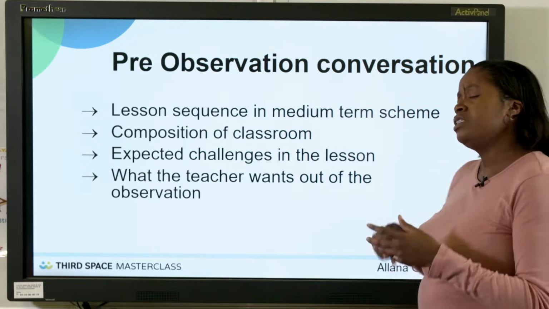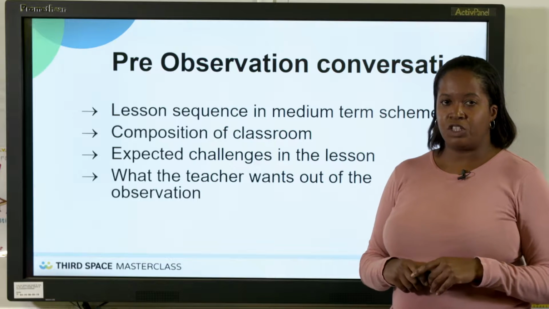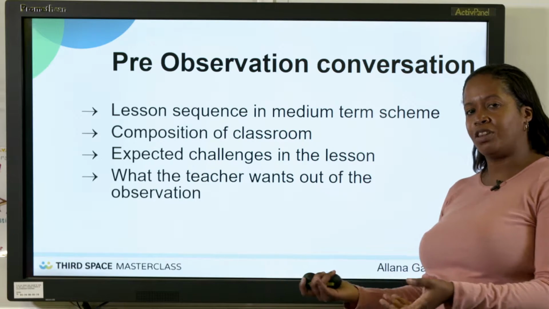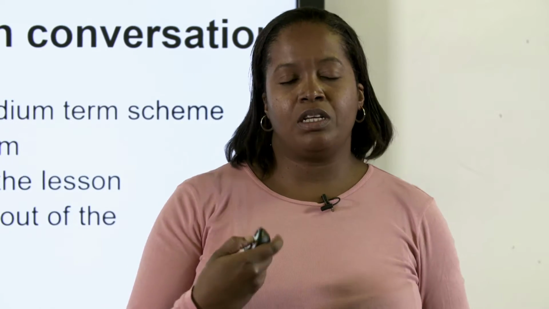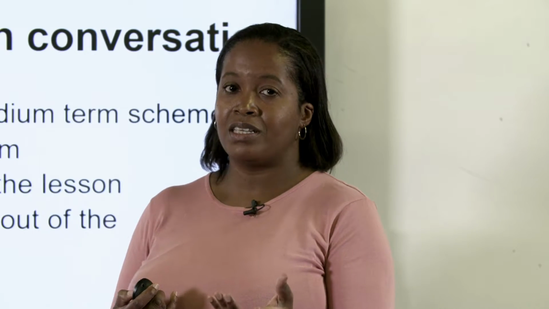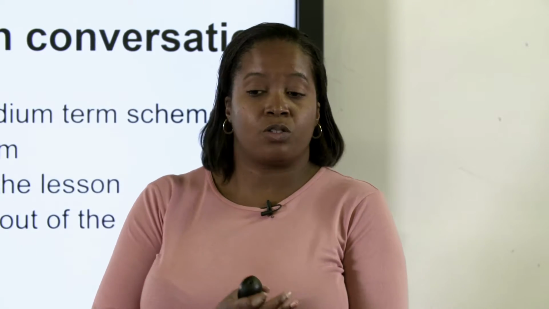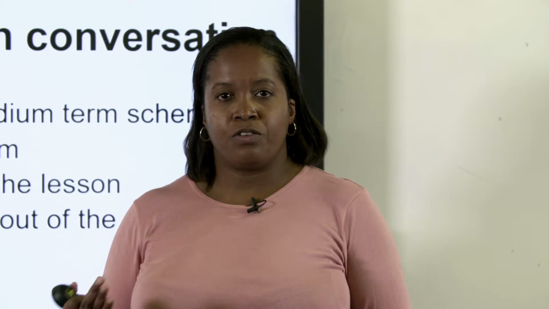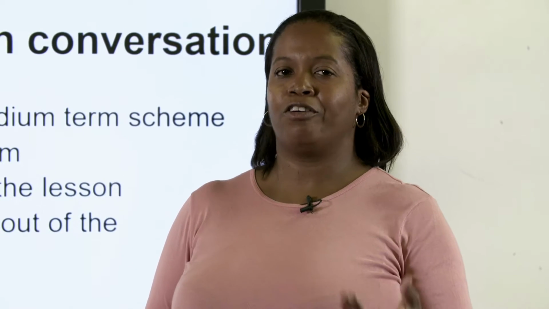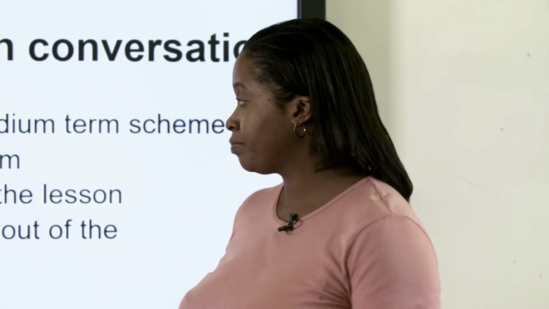So talk to the teacher about what they want out of the observation, because it's not just about the children and their learning, it's about the teacher and their practice. And for us, we need to make sure that their practice becomes one of the fundamental parts of development that they have, because this goes towards their performance management, this goes towards their future development, and it might even go towards them determining how they want to aspire in the future within the subject.